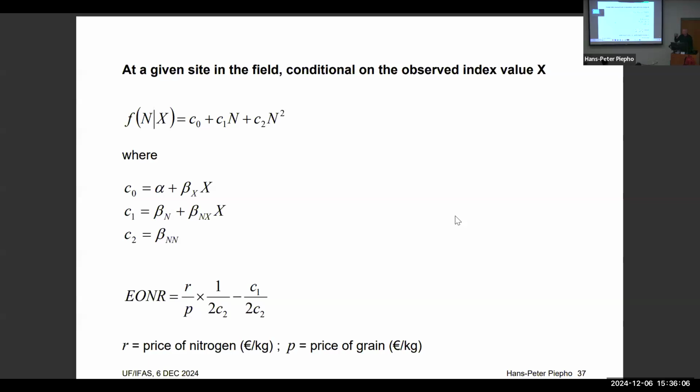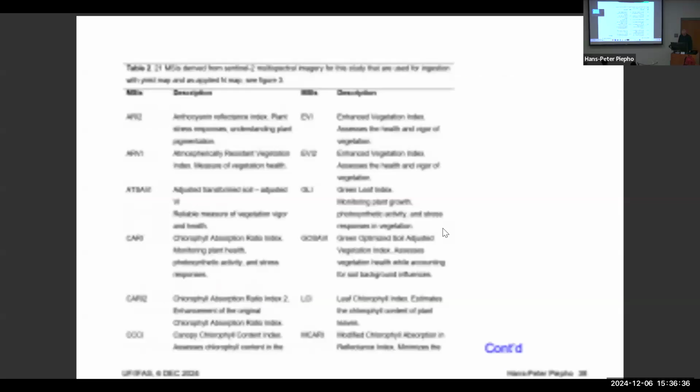Because the values of the vegetation indices change across the field, the values of the coefficients change. In particular, the value of C1 changes across the field, and as a result, the economic optimum rate changes across the field. That's the key aspect. This makes it a spatially varying thing, and that's why we think it is useful.